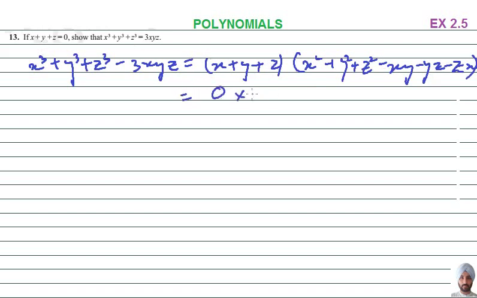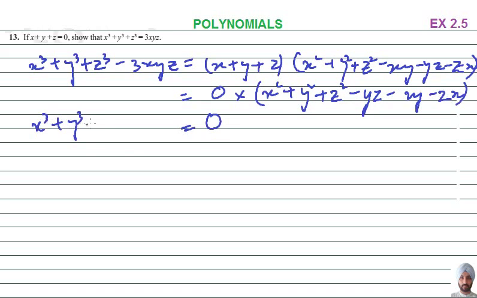So if I put 0 over here, then 0 being the most powerful number in mathematics will turn everything into 0. Whatever you write here, if you multiply with 0, you will get 0.